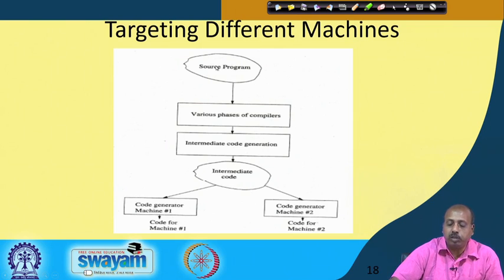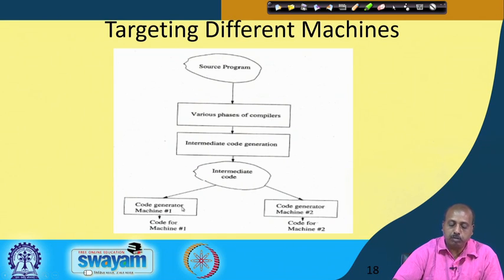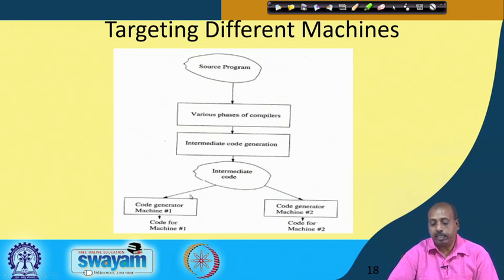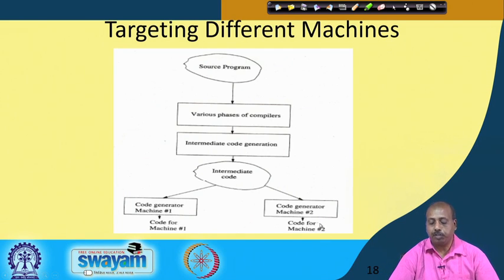From this point onwards, if I am trying to generate code for machine 1, I can have a small piece of code which will translate this intermediary code into code for machine 1. If I want to retarget the code to machine 2, that can also be done by developing a small translator here, as I was telling, this is simply a template substitution sort of thing.